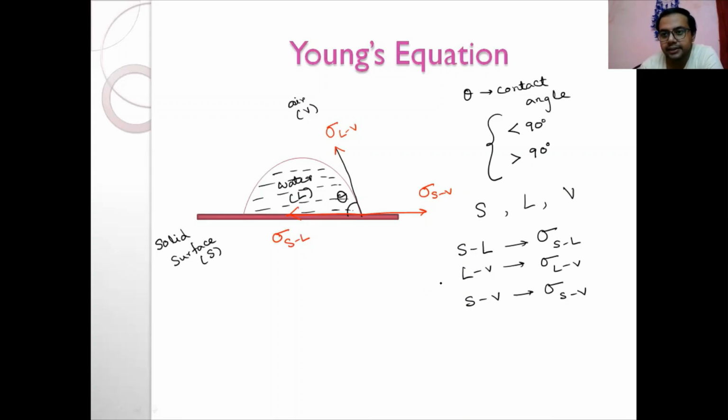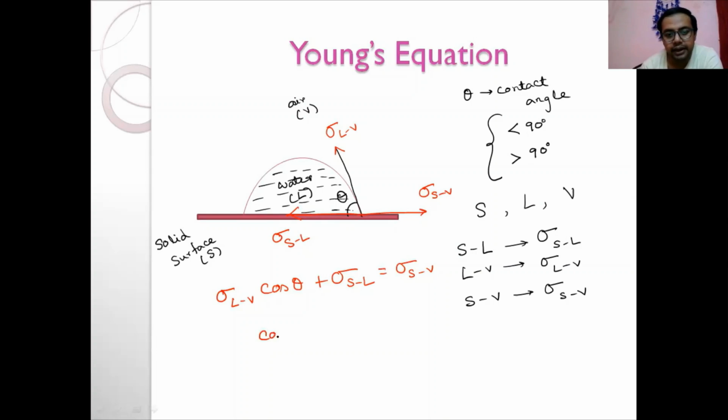Now if you balance this for the equilibrium condition, taking the length to be the same, sigma LV cos theta plus sigma SL will be equal to sigma SV.